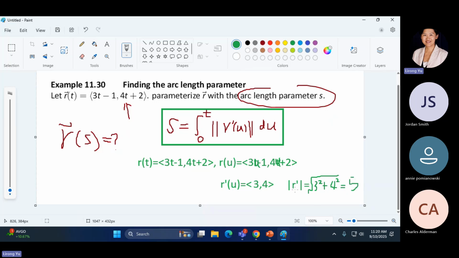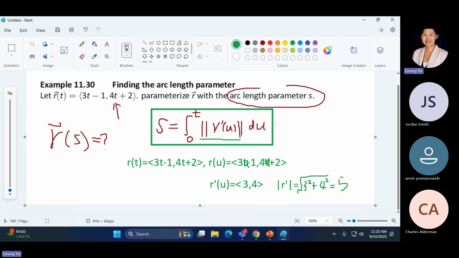So we know that the inside part is 5. So our integration, now we're ready. Now we have our magnitude calculated. It's the integral from 0 to t, and now it's 5, so it's 5 du. Now if you integrate 5 as a number, the antiderivative of 5 is 5u.